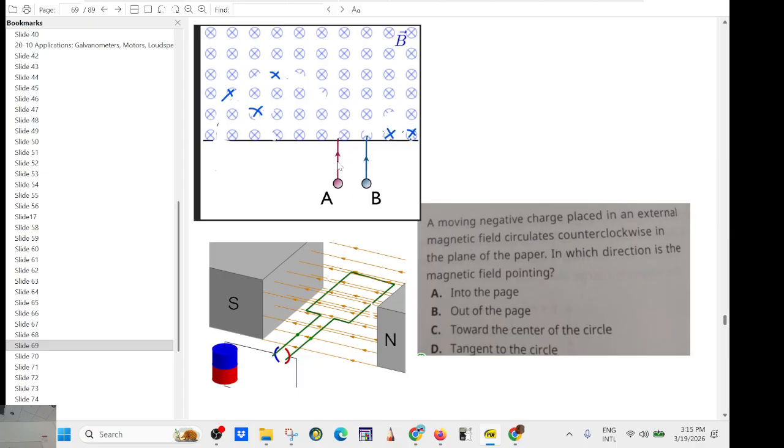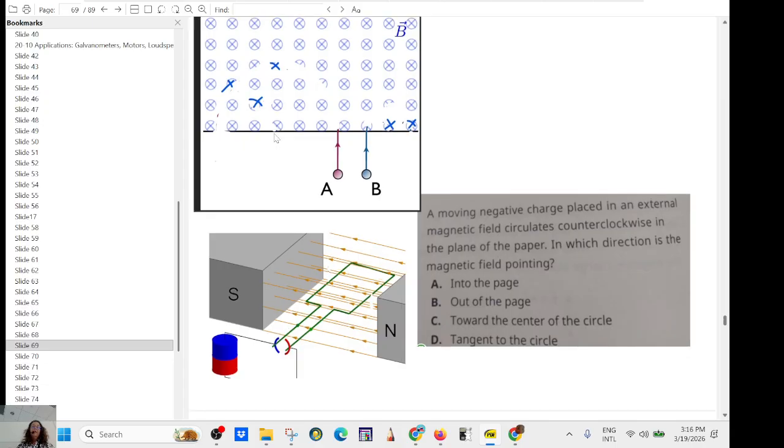A negative charge will be deflected the other way. So that's for people doing the MCAT. You can try that on your own. Okay?